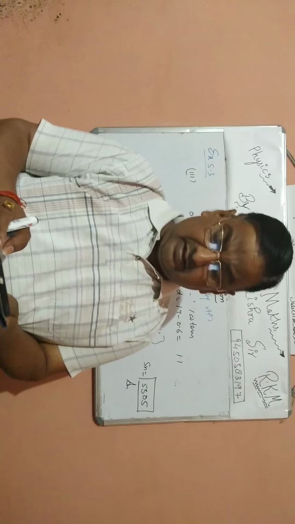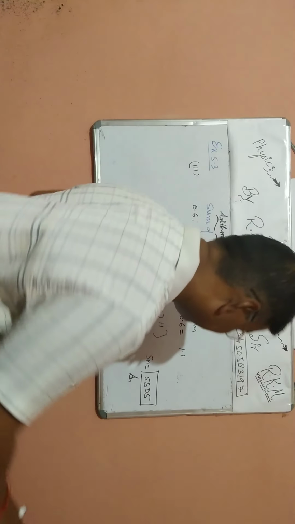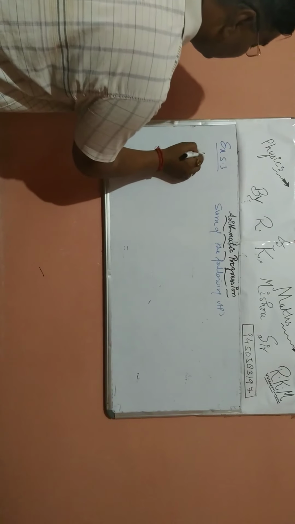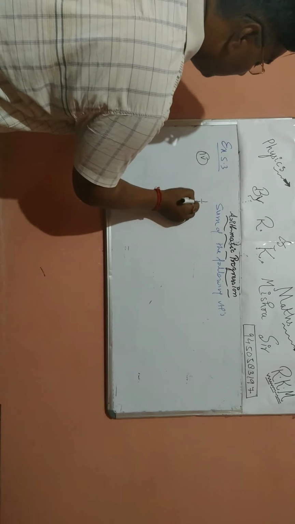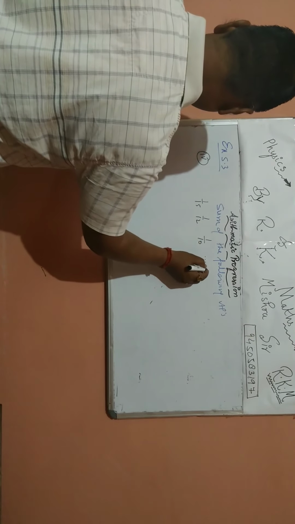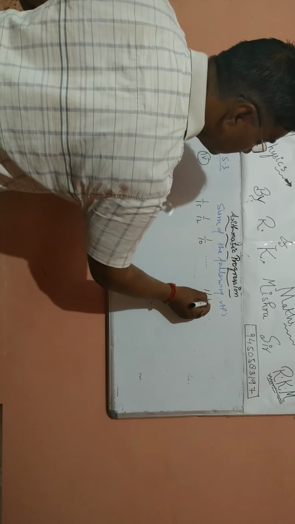Now look here, the fourth part of this AP. What is given in the fourth part? 1 by 15, 1 by 12, 1 by 10, up to 11 terms.